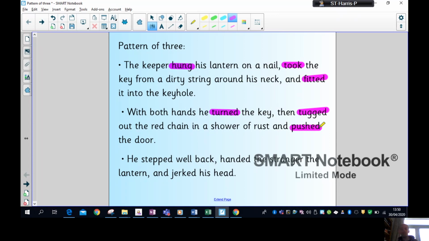Turned, tugged, pushed. Third one, he stepped well back, handed the stranger the lantern, jerked his head. Stepped, handed, and jerked.